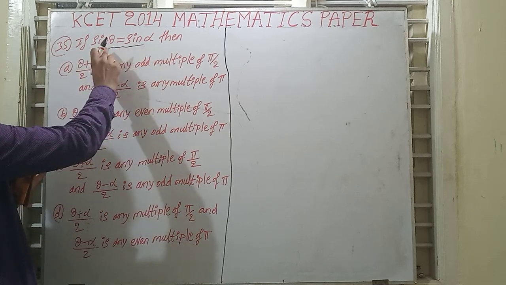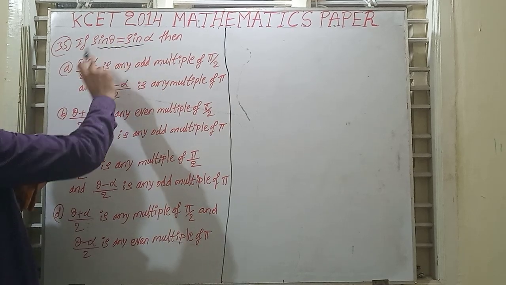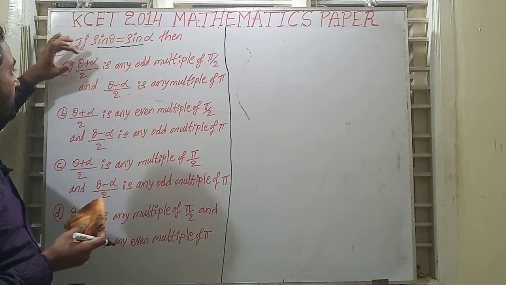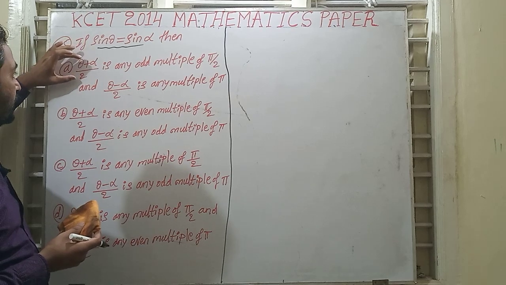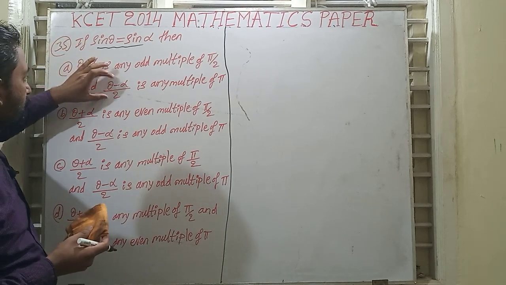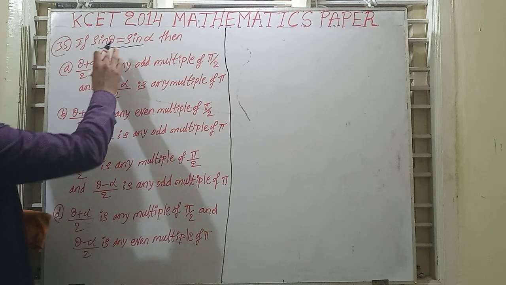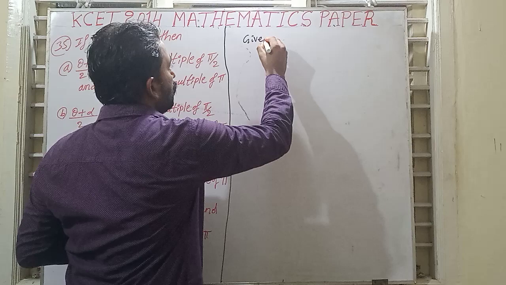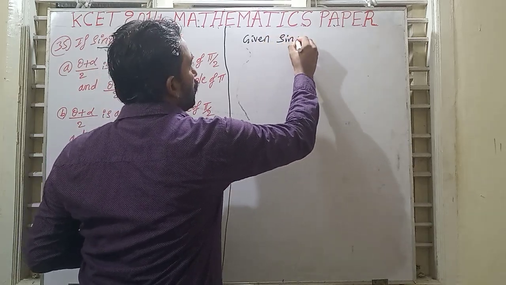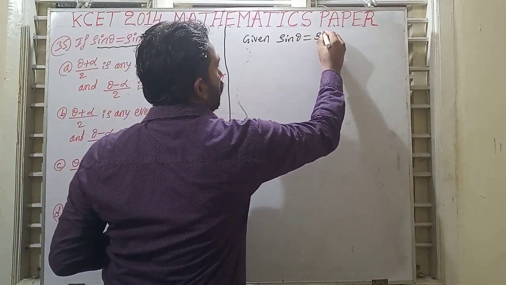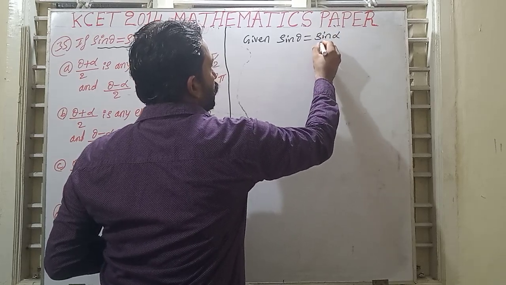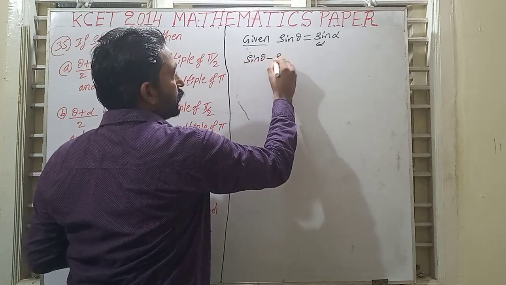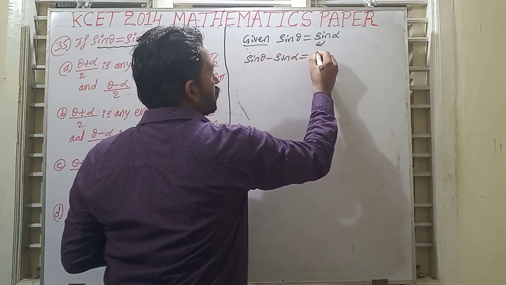If we move sin alpha to the other side, it becomes sin theta minus sin alpha. Using the sin C minus sin D formula, we have to find the value of theta plus alpha by 2 and theta minus alpha by 2. Given sin theta is equal to sin alpha, sin alpha moved to the left side becomes sin theta minus sin alpha equal to 0.